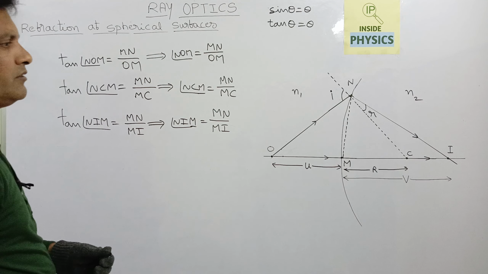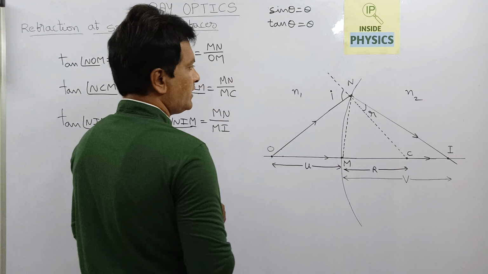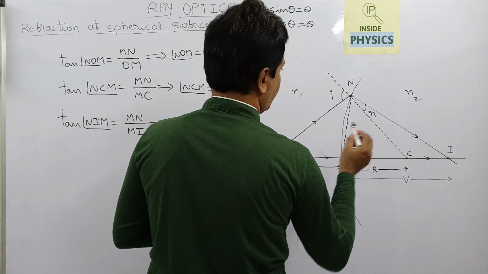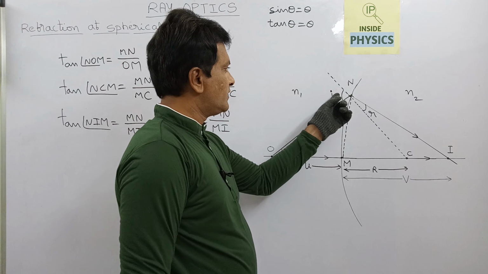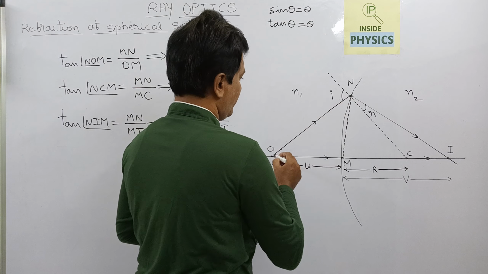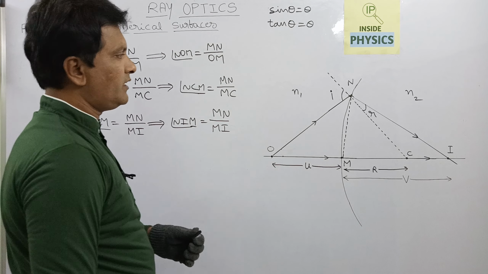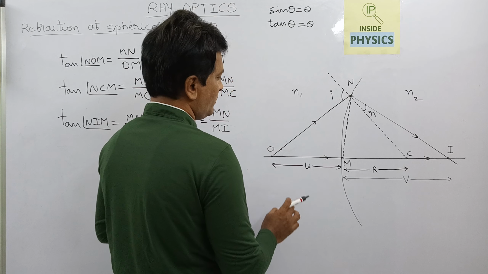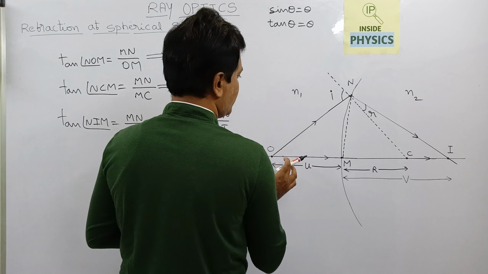If you observe, the angle of incidence is an exterior angle for triangle NOC. If any angle is an exterior angle for a triangle, the exterior angle is equal to the sum of the angles that are opposite to the exterior angle.